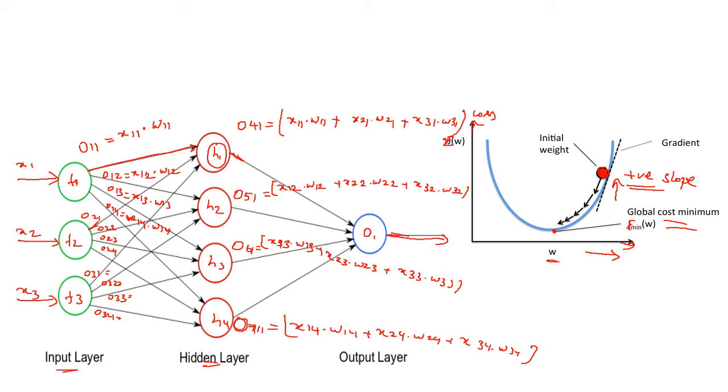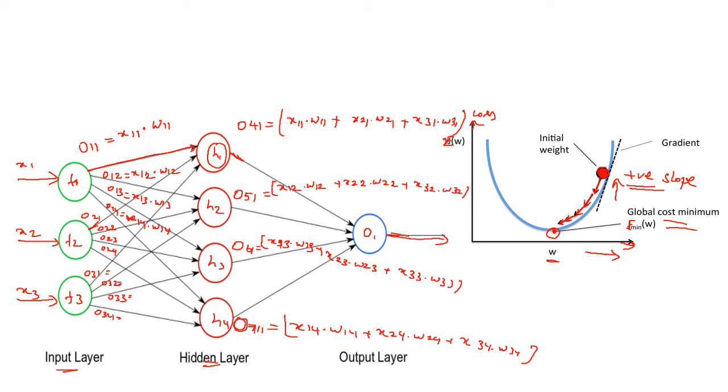Error of minimum weight E. This is the global minimum. For each step, what do we have to do? We have to reduce the weight value as well as the loss value. If we reduce the weight, then the loss will also be reduced. So for each iteration we have to reduce the weight until we reach the global minimum.